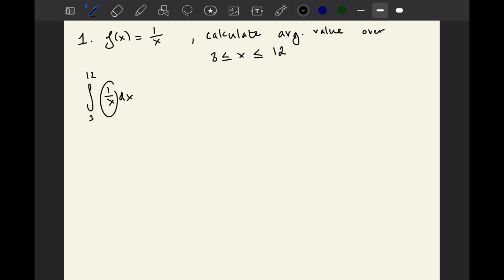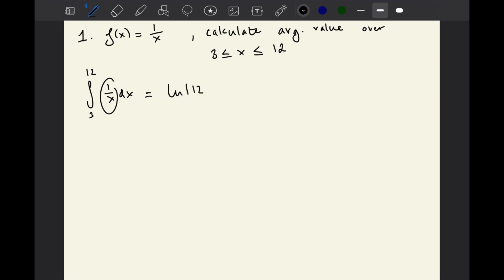And 1 over x, its indefinite integral is the natural log of the absolute value of x. So we can rewrite this as natural log of 12 minus natural log of 3. The absolute value does not affect us in this case because none of these are negatives.